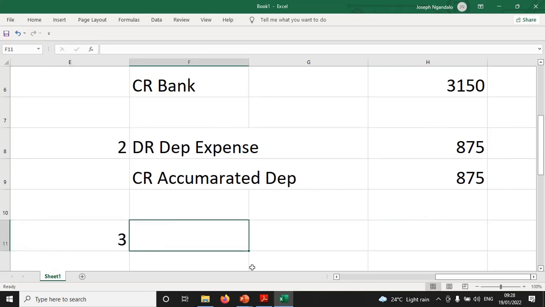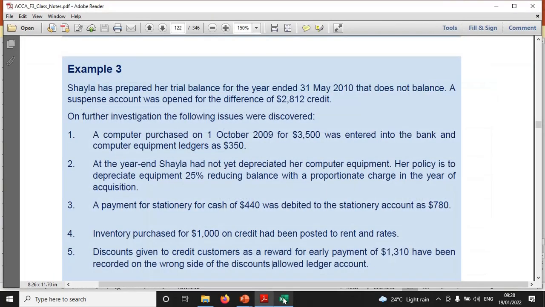Point 3. What do you have? The payment for stationery for cash of 440 was debited to the stationery account as 780. What type of error is that? Different debits, different credits. So what is the problem here? There's nothing wrong with cash.